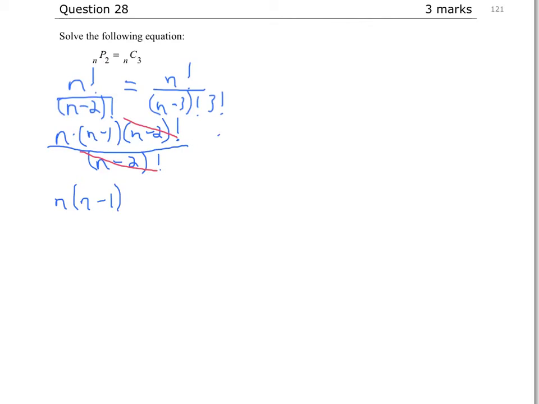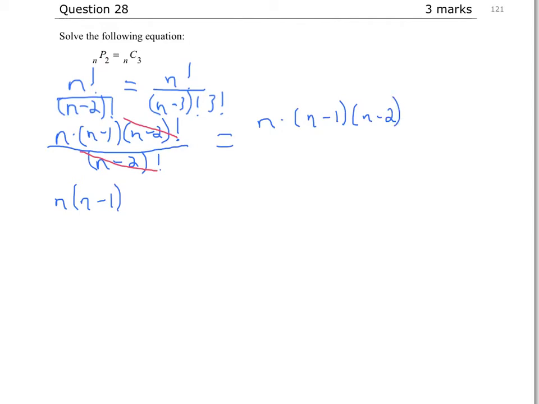Now I'm going to revisit the right side. Again, I'm going to expand the larger of the two. n is bigger than n minus 3. So in a similar way, I got n times n minus 1 times n minus 2.